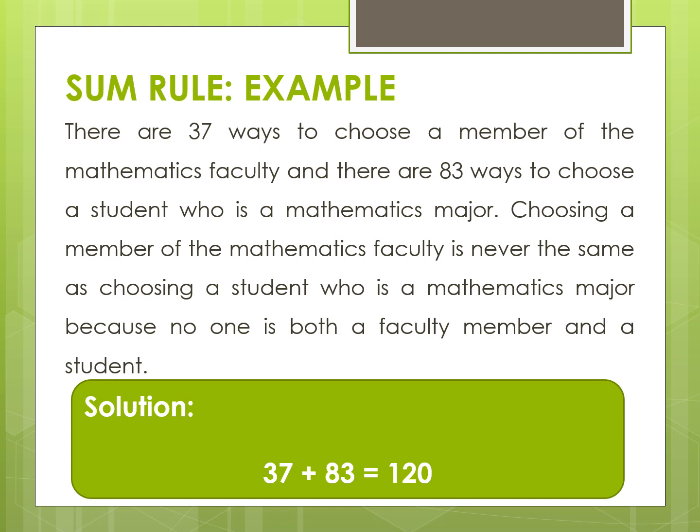As a solution, we are going to apply the sum rule. There are 37 ways to choose mathematics faculty members plus 83 ways to choose mathematics major students, which is equal to 120 ways.